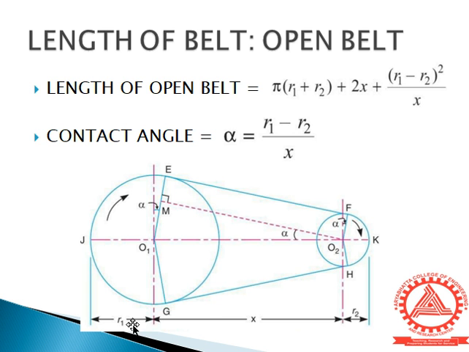We can see in the larger pulley that the belt is leaving the pulley from point E and point G, and it is approaching the smaller pulley at F and H. Now X is the central distance between the two pulleys.